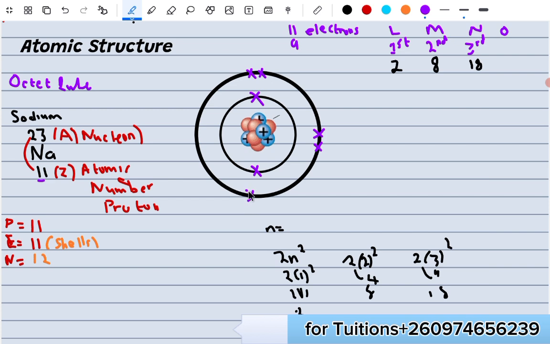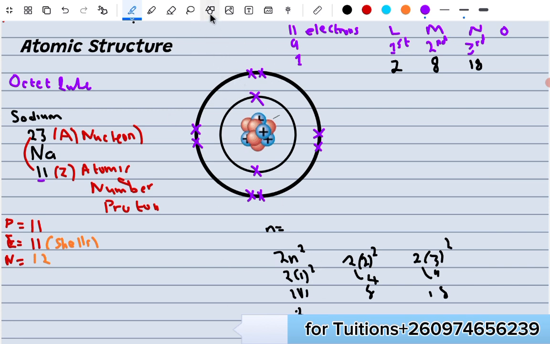The other 2 here will be 6, and the other 2 there will be 8. So 2, 4, 6, 8. Now remember, there is one more electron remaining. If we count, this is 8, 9, 10. There should be 11.